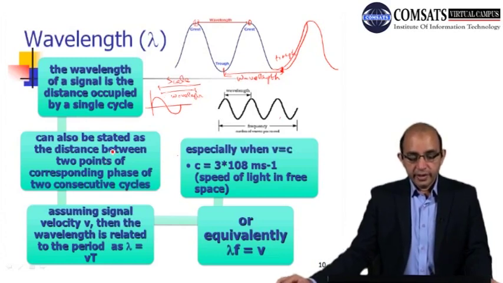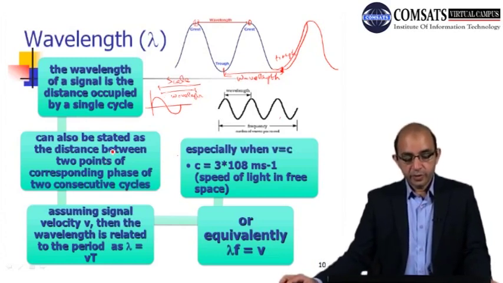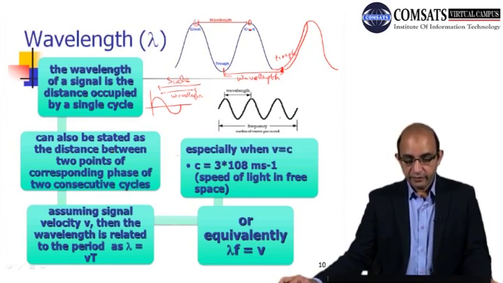We can also say that this is the distance between 2 points of corresponding phase. Here we have the corresponding phases, and here again we have the corresponding phases, in consecutive cycles.